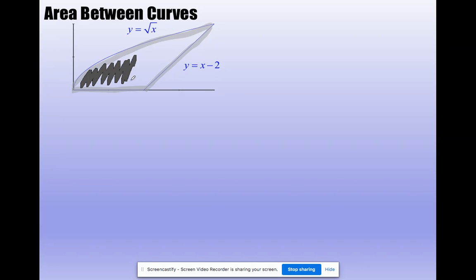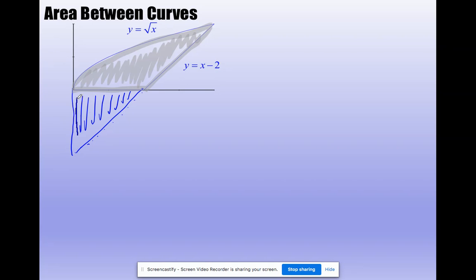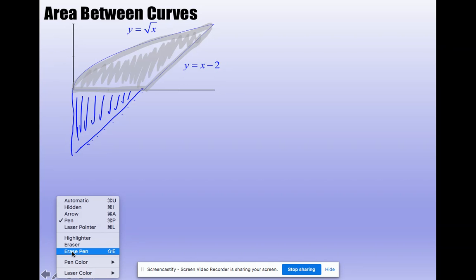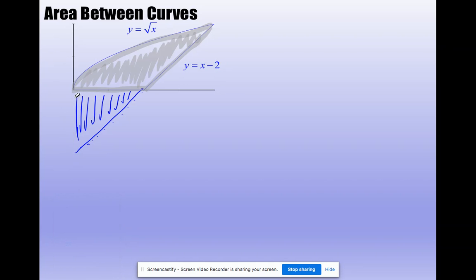Be careful with the words, because my answer would be different if they just said the area bounded between these two curves. Because after all, that one still goes down this way, right? So I would have to include all of that is the area between those two curves. So the language of the problem is very important for your drawing.